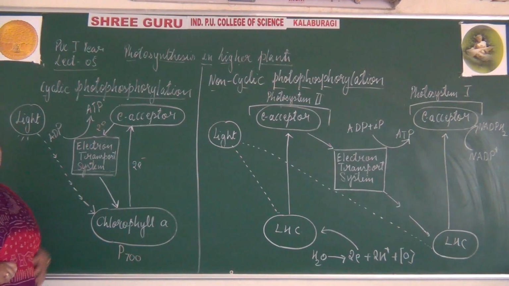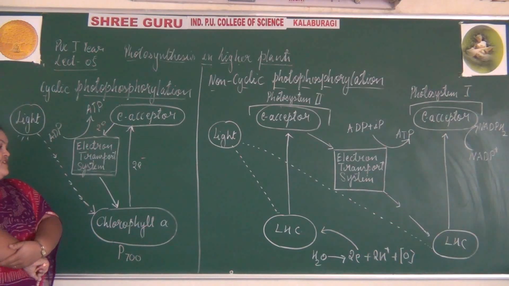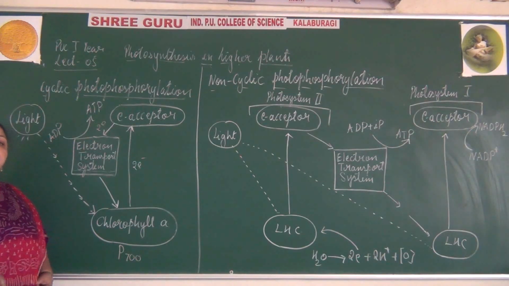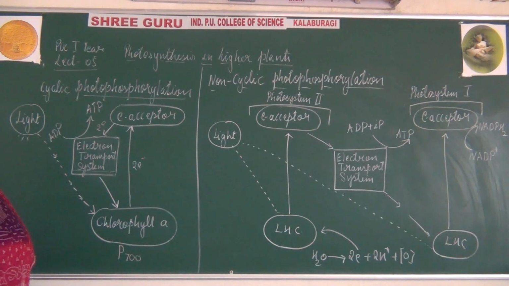In short, in this electron transport system, there are various molecules like FMN, plastoquinone, plastocyanin, ferredoxin, along with photosystem 2 and ATP synthetase with 4 cytochrome complexes, cytochrome A1, cytochrome A2, cytochrome Bf complex, along with FMN, flavin complexes.